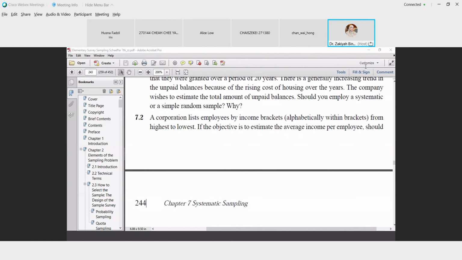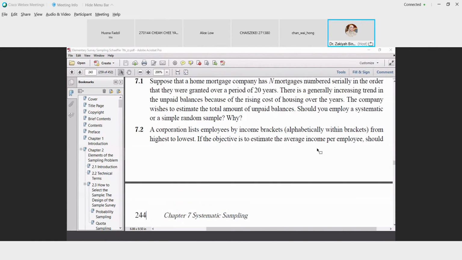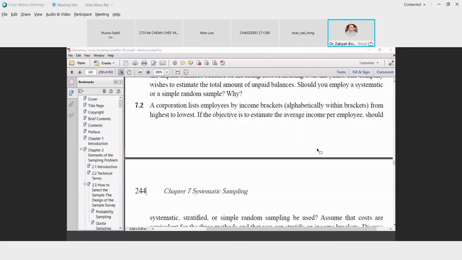The question asks to estimate the average income per employee, and they did not say job grade. But if your boss asks you to do this, you tell your boss you can get it per employee, but it is not the most accurate representation. Best is to stratify by a meaningful criterion, like job grade.